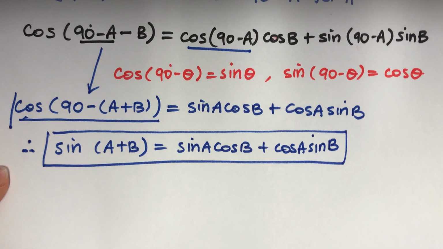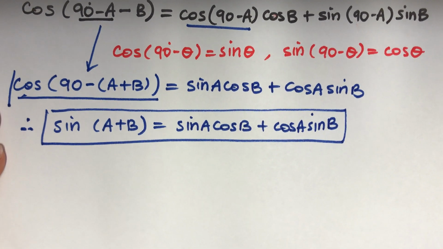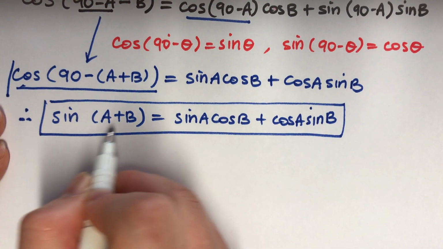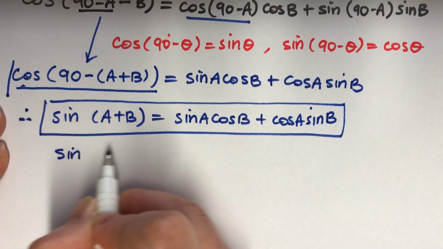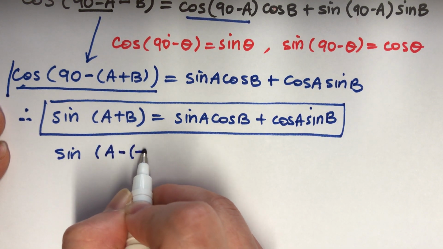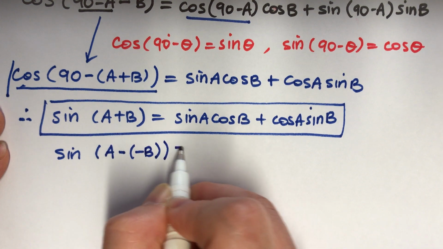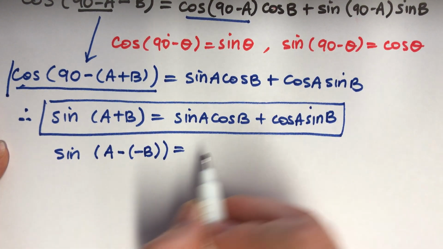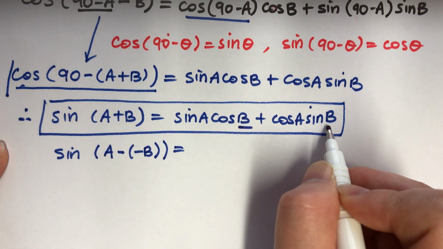Phew! All right. Now we have to change. What about sine(A minus B)? A minus B is easy. Why? What I'm going to do is take A minus B and write it as A plus minus B, yeah? So I'm going to put all the minus B in there.